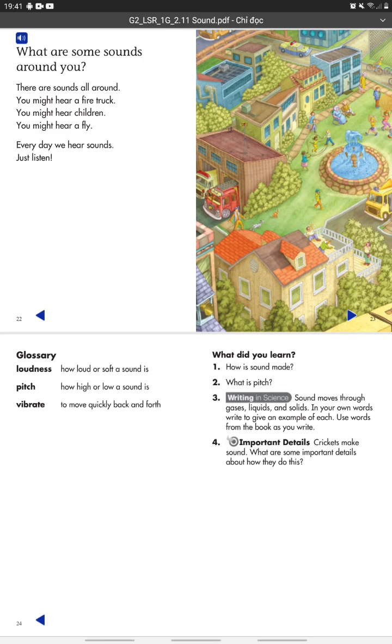So sound is literally everywhere. Sound moves through solids.